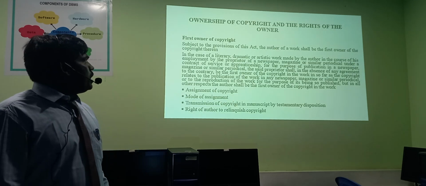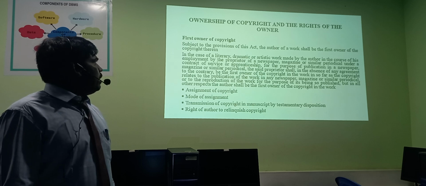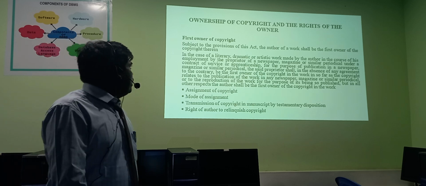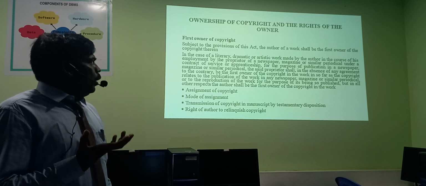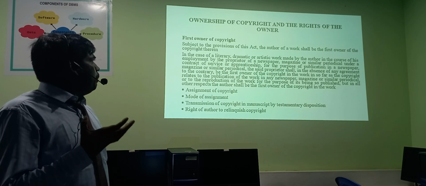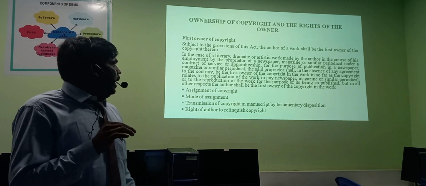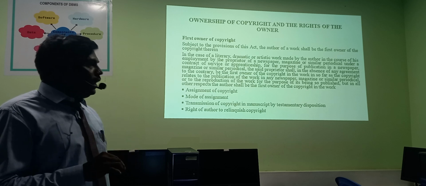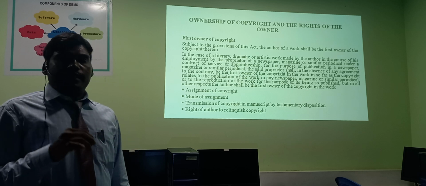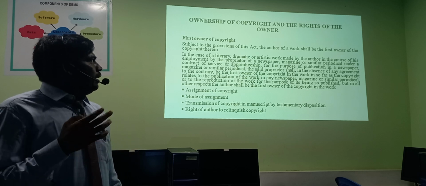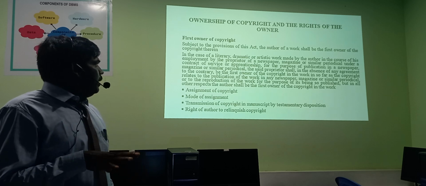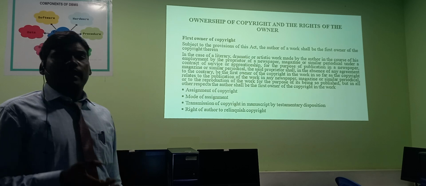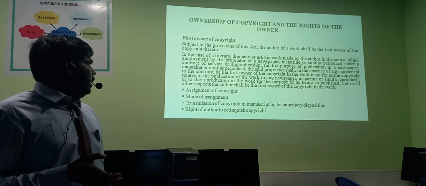Next, ownership of copyright and rights of the owner. Subject to the provisions of the Act, the author of the work shall be the first owner of the copyright. In the case of a literary, dramatic or artistic work made by the author in the course of his employment by the proprietor of a newspaper, magazine or similar periodical, the rules differ.